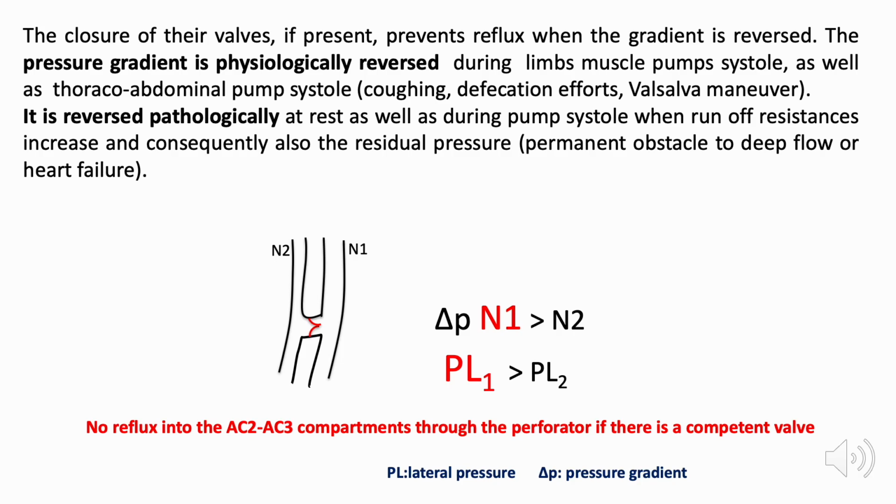The pressure gradient is physiologically reversed during the systole of the muscle pumps and thoraco-abdominal pump, coughing, defecation effort, Valsalva maneuver. It is reversed pathologically at rest, as during pump systole, when the deep vein pressure is increased by a permanent obstacle to deep flow, increased runoff resistances and consequent increase of the residual pressure.